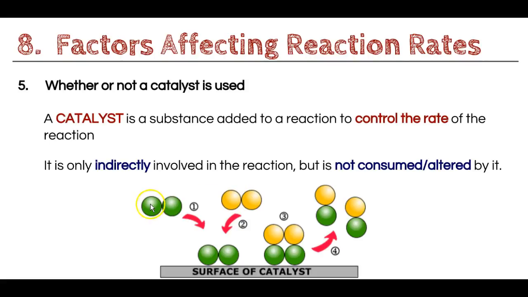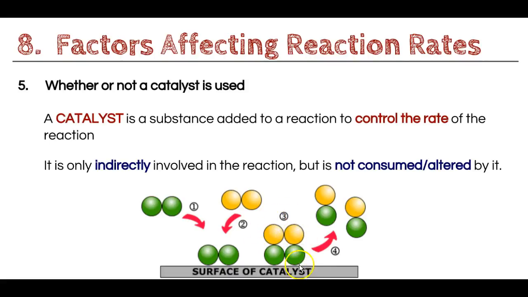We see here that in step 1, this green molecule is landing on the surface of the catalyst, and in doing so, that somehow changes the amount of energy needed for the reaction to happen. Then in the second step, we see this yellow molecule landing and bonding, forming some sort of an intermediate species with the green molecule.